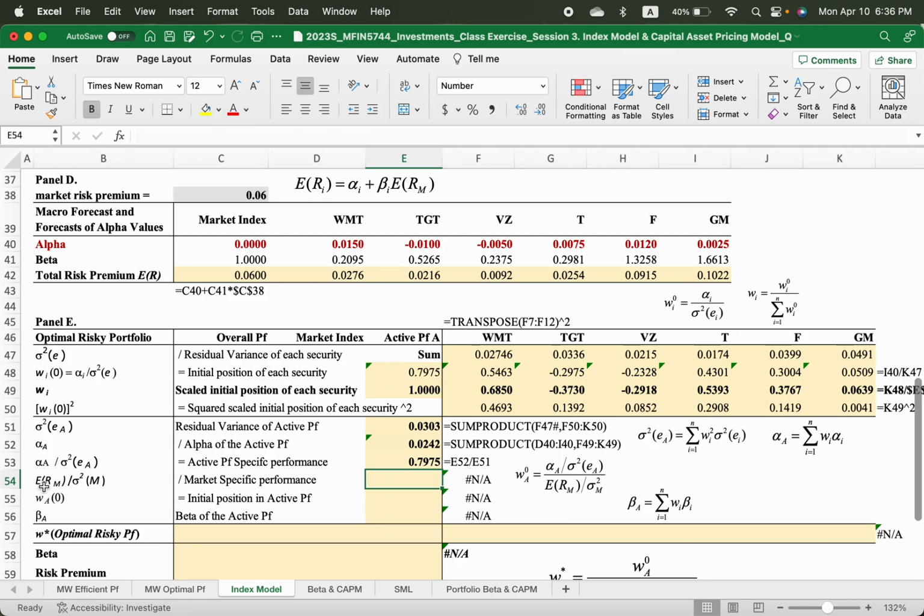Now, this is excess return or risk premium over the market standard deviation, right? This is almost the same concept. So let's use this. Now, where is the market risk premium? There you go. The market risk premium divided by the variance of the market.